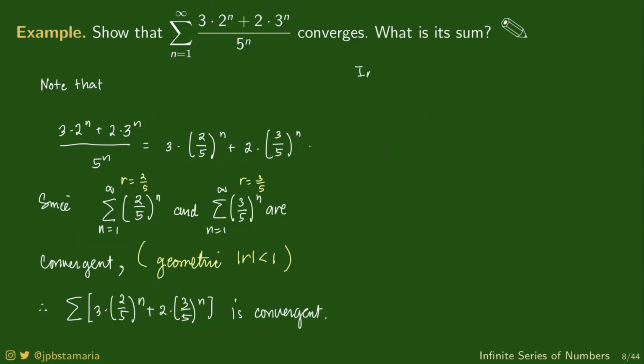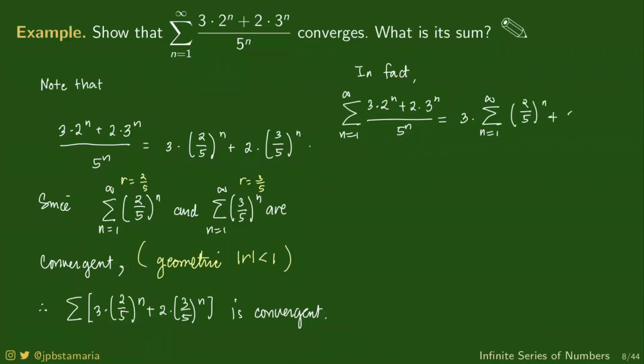In fact, anong sum nila? Anong sum yan? Sige, gawin natin yung sum. Ang sum niyan ngayon is basically 3 times the sum of this infinite geometric series plus 2 times the sum of this infinite geometric series, 3/5 to the n.